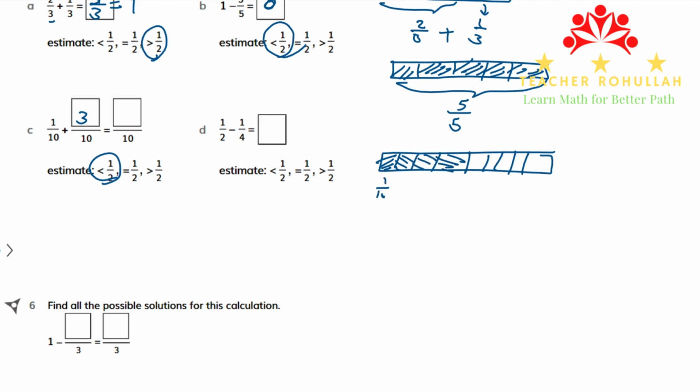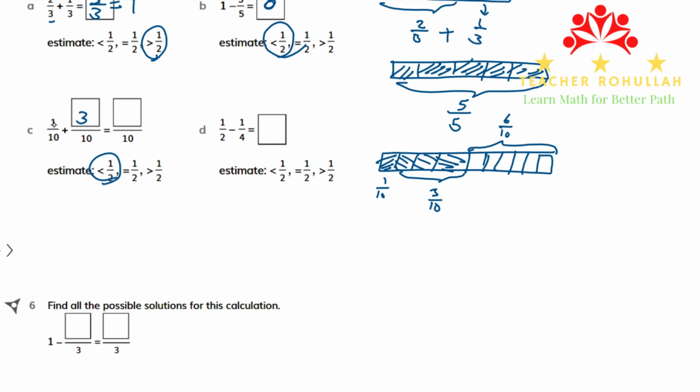So 1/10 plus this 3/10. How many tenths are left? 4 out of 10 are taken, and another 6/10 are left, which gives us an answer less than 1/2.